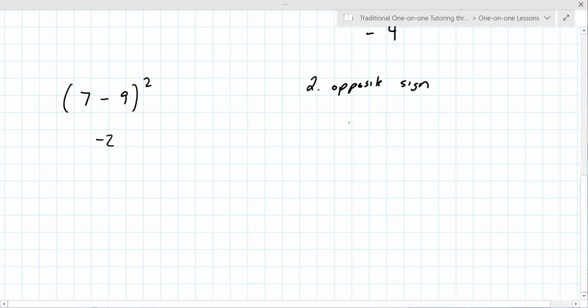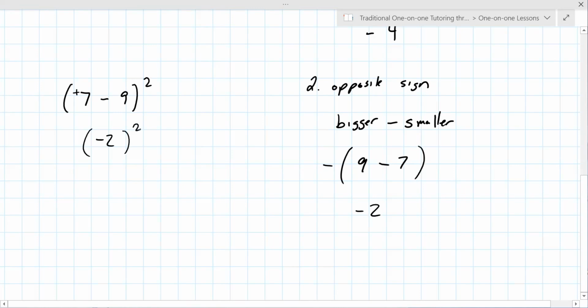So when they're opposite in sign, you take the bigger and you subtract the smaller. In this case, it's 9 minus 7. 7 is positive, negative 9. Whichever one is further from 0 tells you whether the answer is positive or negative, and that's why it's negative 2. What is negative 2 squared? That is going to be 4.